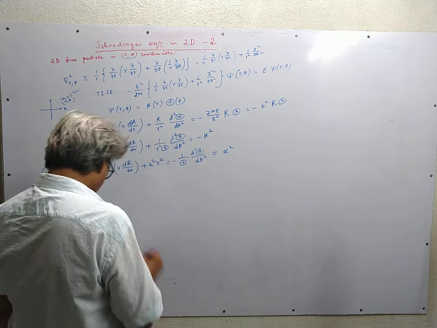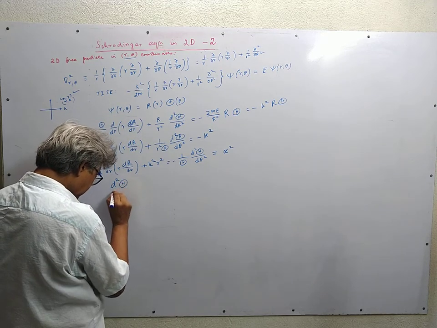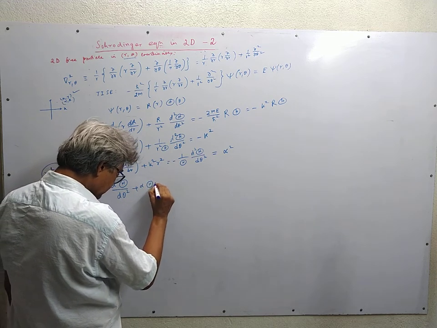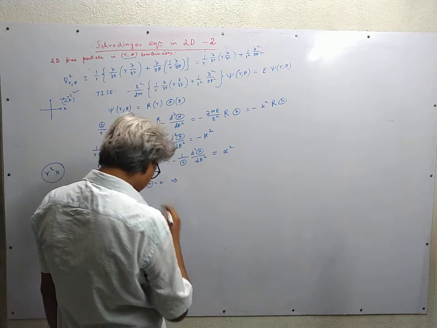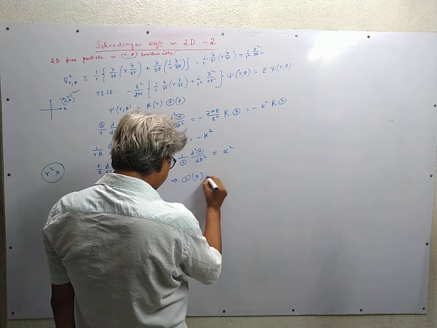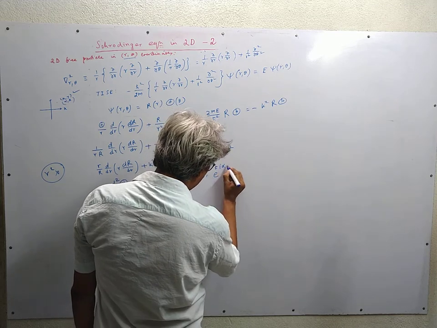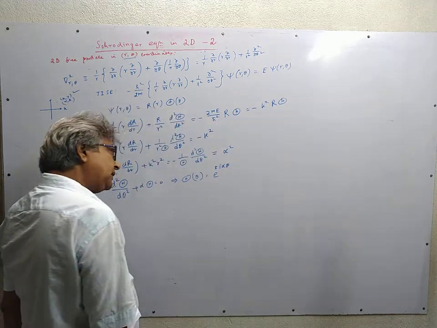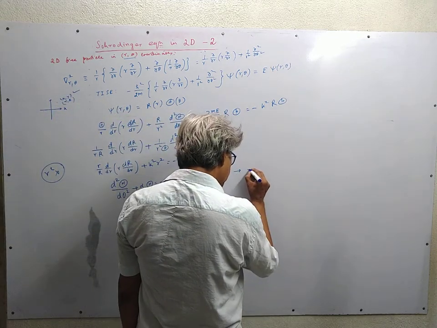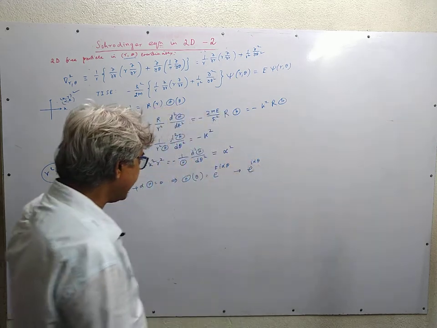Now the theta equation becomes, this gives you a solution which depends on alpha as e to the power plus minus i alpha theta. By convention it is written as e to the power i alpha theta, where alpha can take positive and negative values.